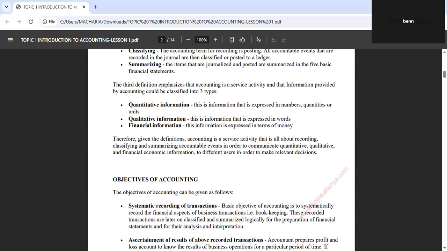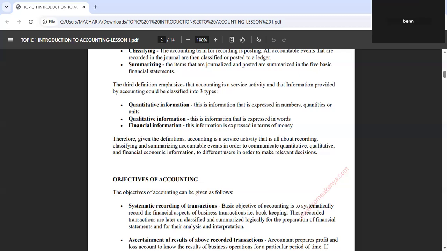Quantitative is the bulkiness, and qualitative is the usefulness. And all this refers to the financial information that has been expressed in monetary terms. So that is how we define accounting, and we find the relevance of accounting from those definitions.